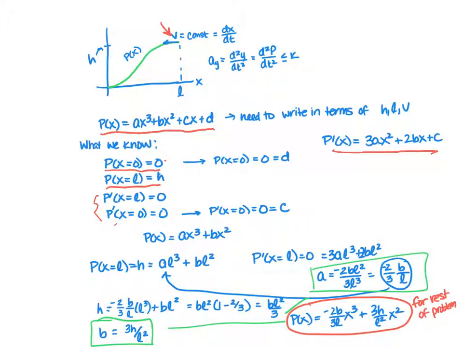If we evaluate that at x equals 0, and we know that the derivative is 0 there, we also find out that c is 0. So things are looking up because we've gotten rid of two of our terms. This goes away and this goes away. They're both 0.